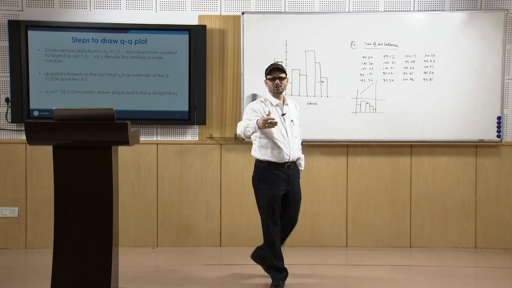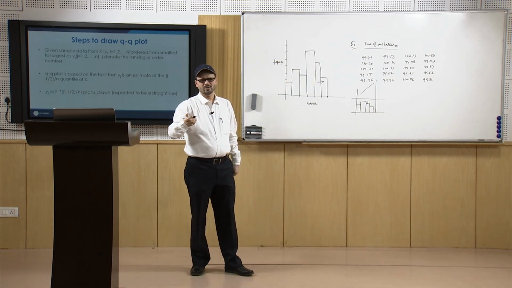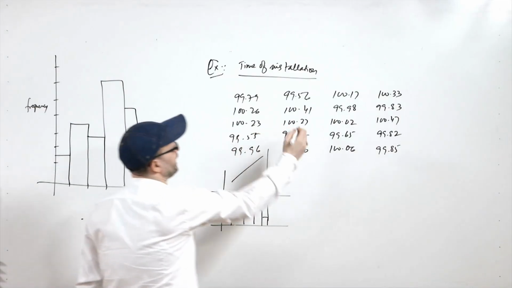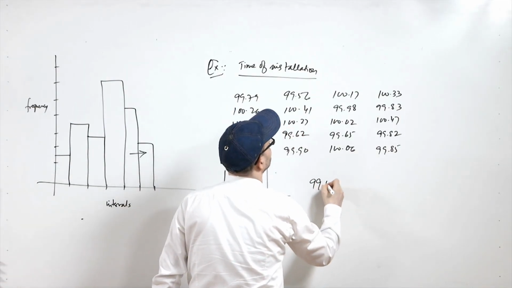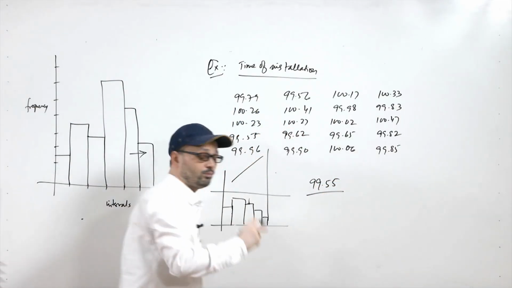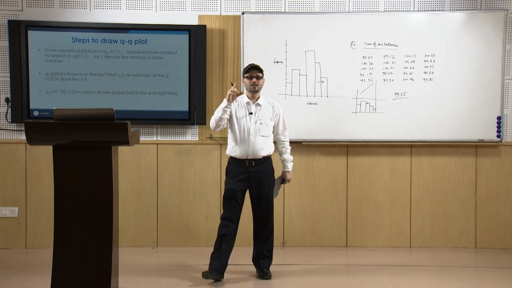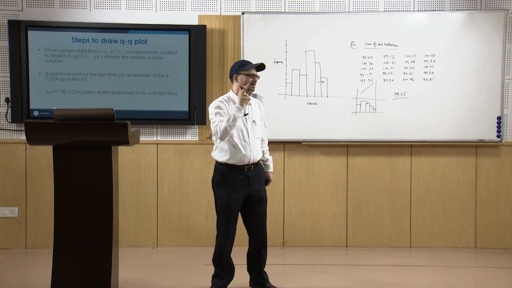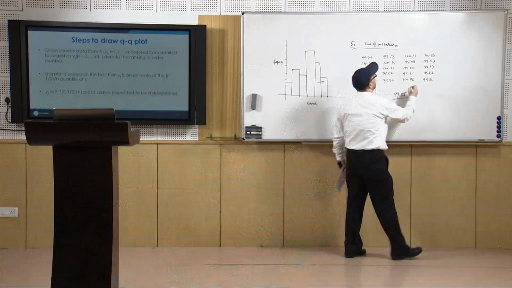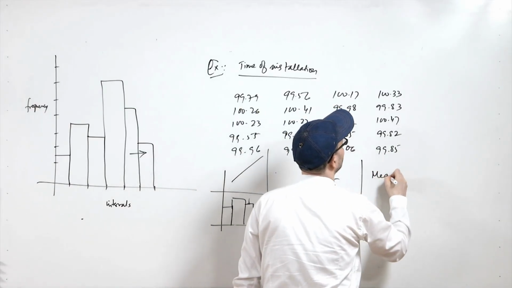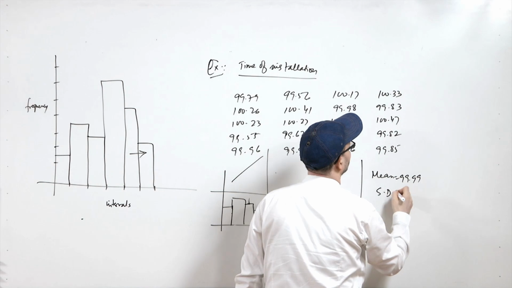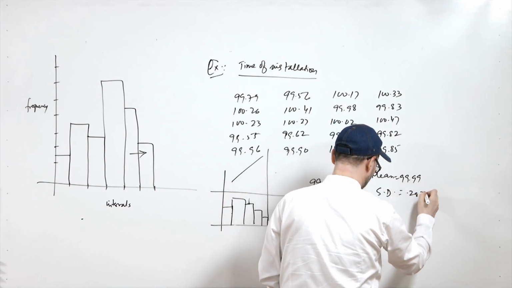Now, once you have these values, suppose 99.55, we get the Z estimate for it. For this sample, you calculate the mean as 99.99 and the standard deviation as 0.2832.